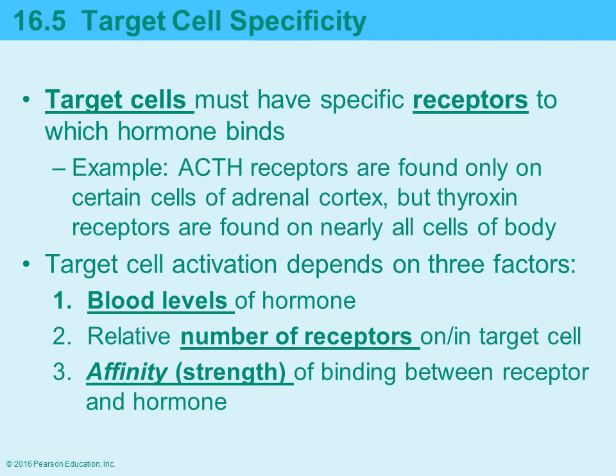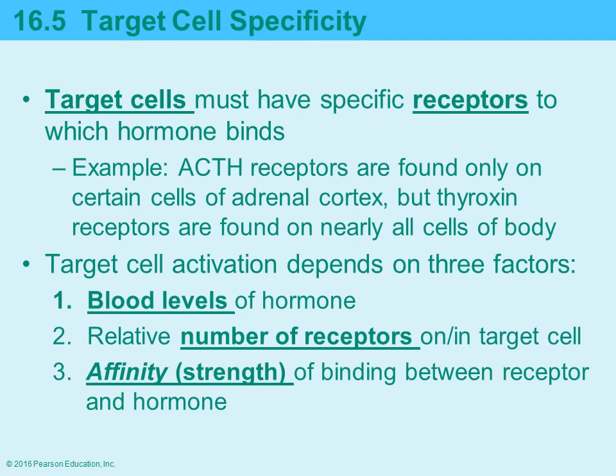What are the levels or concentration of the hormone in the blood itself at any particular time? It's going to change over time. The level of hormone right now might be very different than what it was 20 minutes ago. It might be very different in 5 minutes, depending on the situation you're in and what's going on.